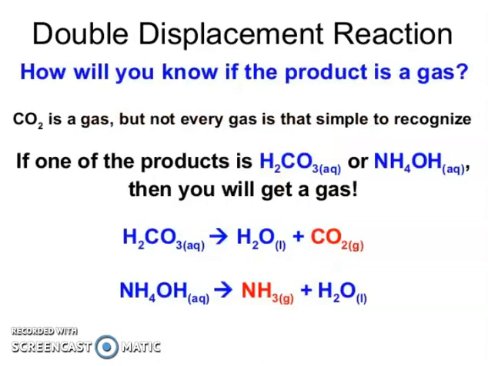How will you know if the product is a gas? CO2 is a gas, but not every gas is that simple to recognize. If one of the products is carbonic acid or ammonium hydroxide, then you will get a gas.